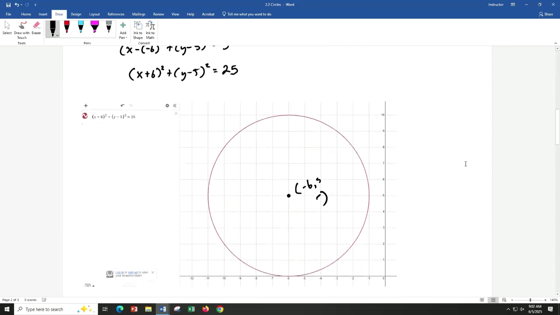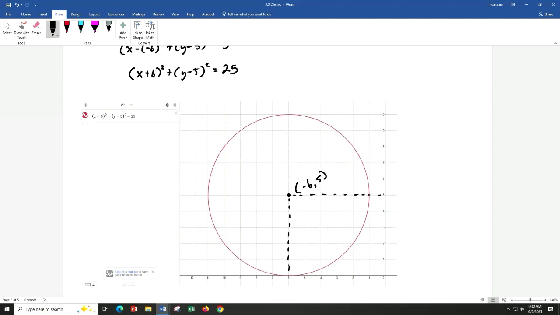You can scroll down just a little bit, and you can see it, because notice there's my -6 right here, and then here's my 5, right there. With radius, what? 5 squared. Good on that one?